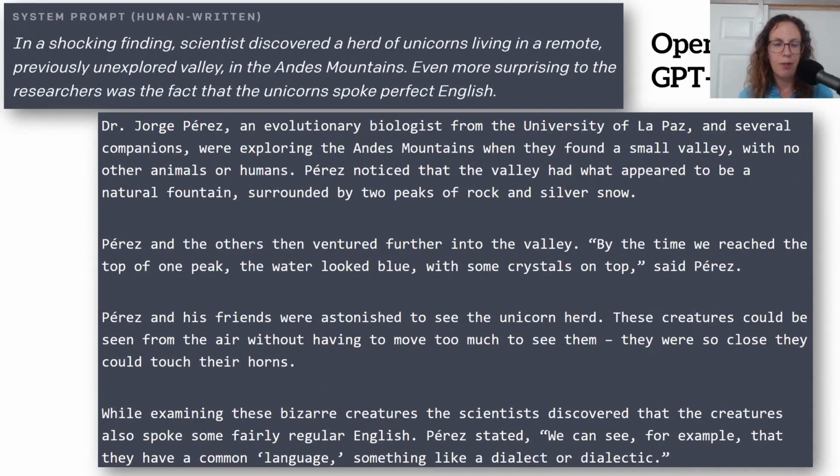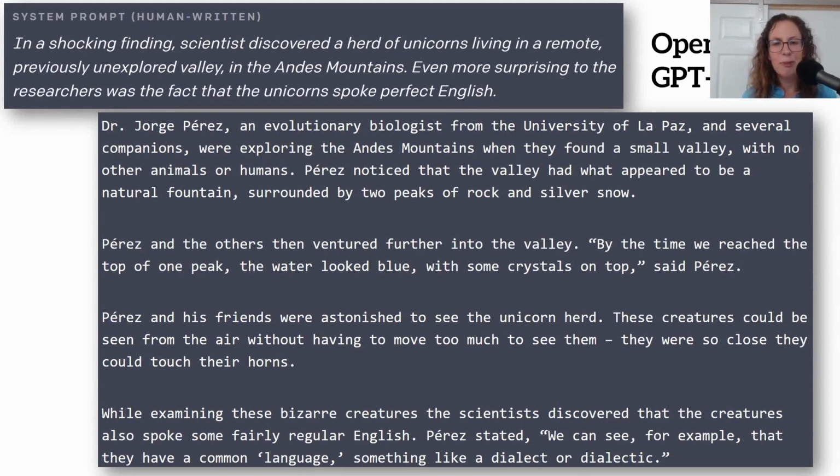So this is a deep learning model that produced this. The computer model generated: "Dr. Jorge Perez at what appeared to be a natural fountain surrounded by two peaks of rock and silver snow. Perez and the others then ventured further into the valley. By the time we reached the top of one peak, the water looked blue, with some crystals on top, said Perez. Perez and his friends were astonished to see the unicorn herd.